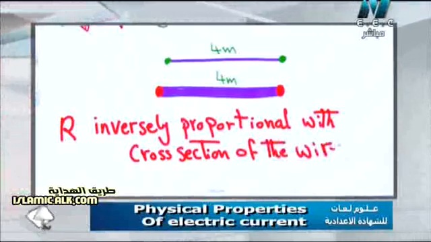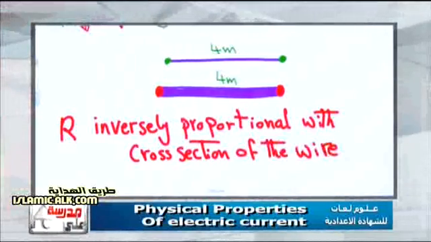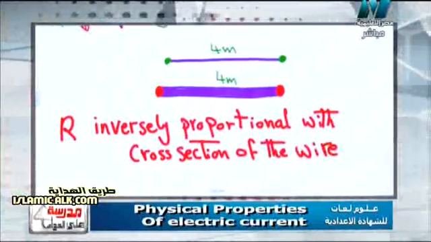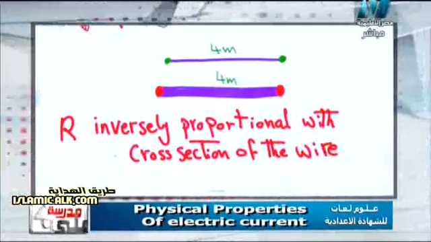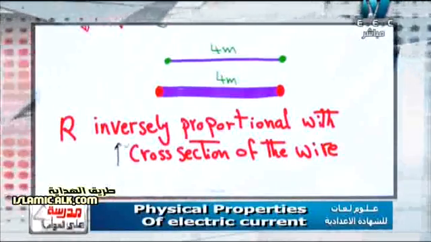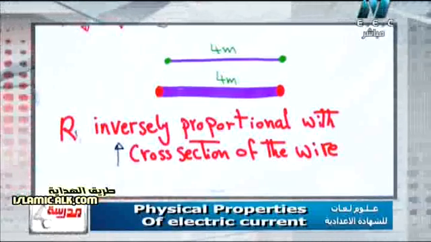Okay, how come? If the cross section increases, the electric resistance decreases.